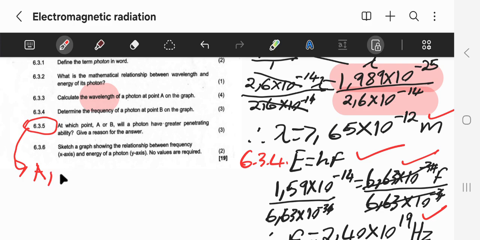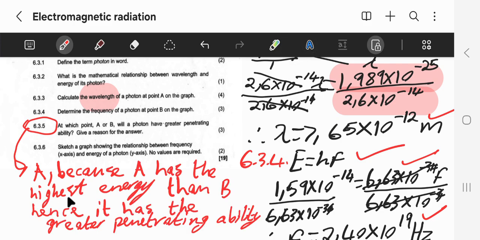It's because A has the highest energy. Okay, so guys, we are going to say A, and our reason is because A has the higher energy than B. Hence, it has the greater penetrating ability.